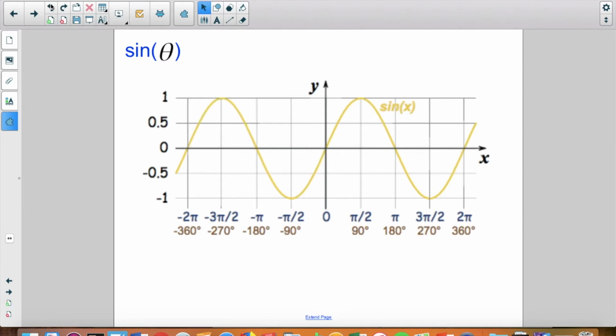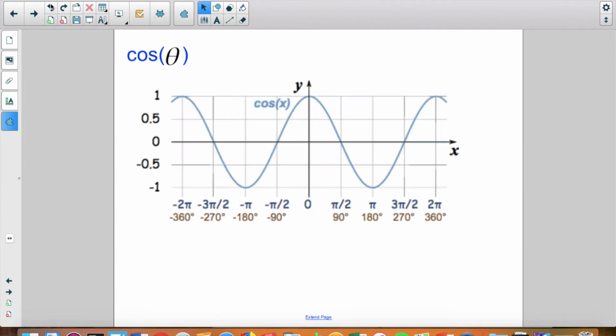So the main part of the sine graph is it starts at 0 with no changes made to it. Then it goes up to 1, it goes down to -1, and then it goes back to the center. So notice the start point and the end point are on the same line.